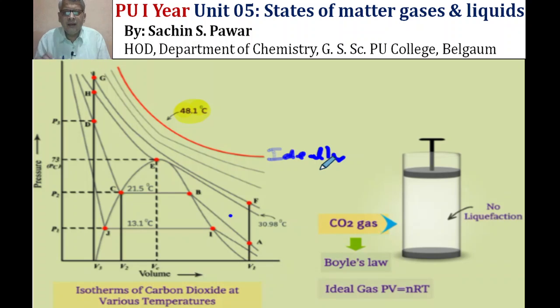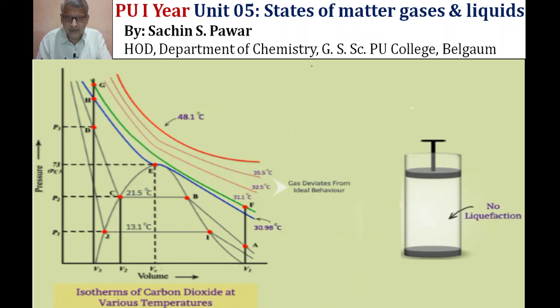Okay. Now he brought down the temperature from 48.1 degrees Celsius to certain temperatures, and he got certain interesting observations that gave him the idea regarding the liquefaction of gas. Let's see.